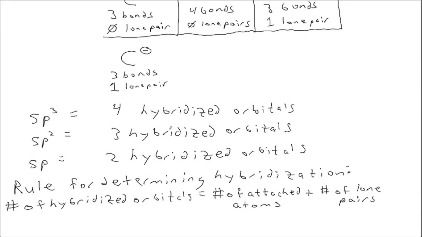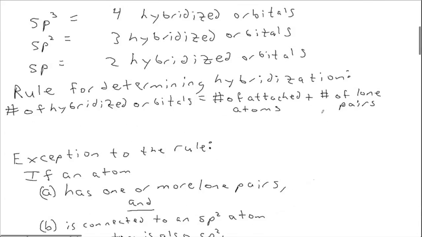And when you know the number of hybridized orbitals, you can figure out the hybridization. And then what's the exception to the rule for hybridization? If an atom has one or more lone pairs and it's connected to an sp2 atom, then the atom is also sp2. Excellent. That's perfect.